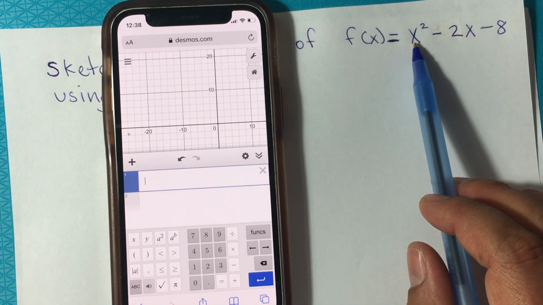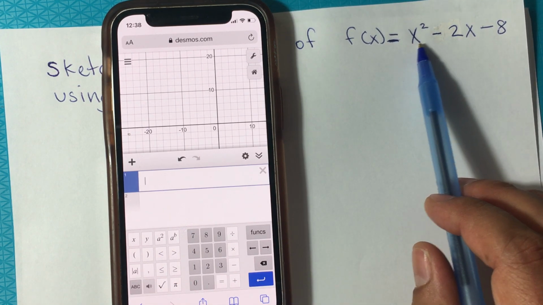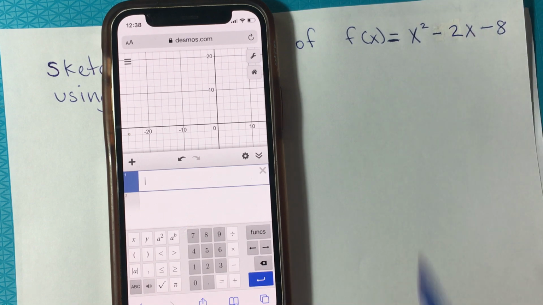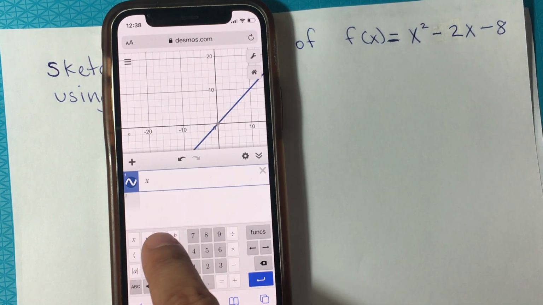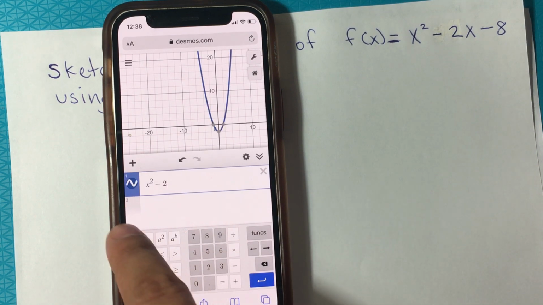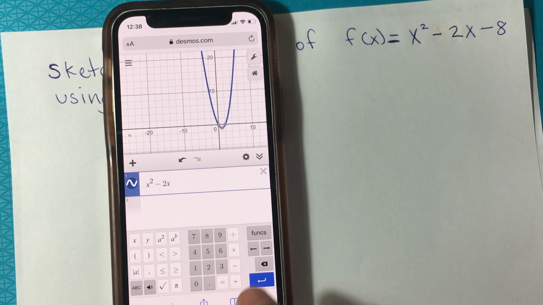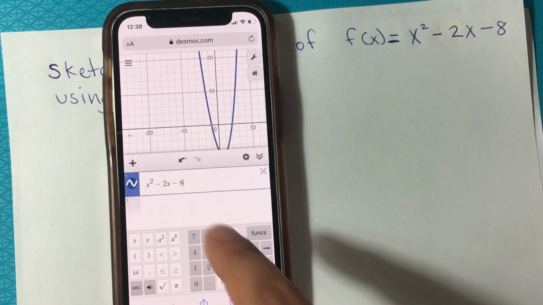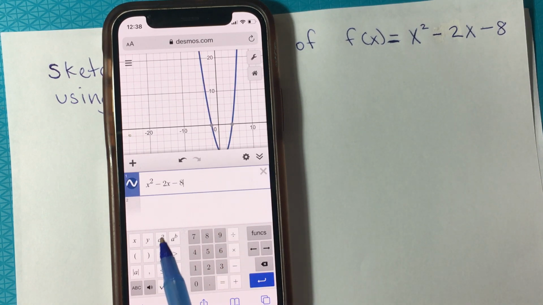So what I'm going to do is put x squared minus 2x minus 8. Okay, so I use the a square to put the square.